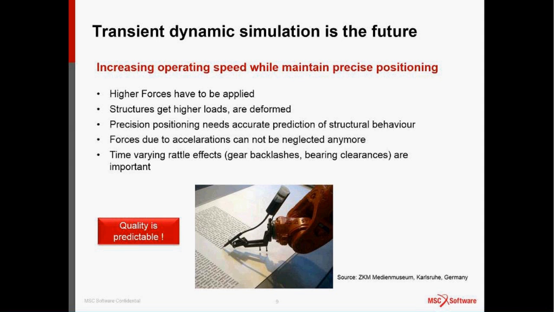So the first big topic is to increase the operating speed while maintaining the precise positioning. Like we mentioned before, usually higher forces have to be applied if you want to increase the motor speed, and you probably want to have a larger motor. Another way is to lightweight your mechanism itself.